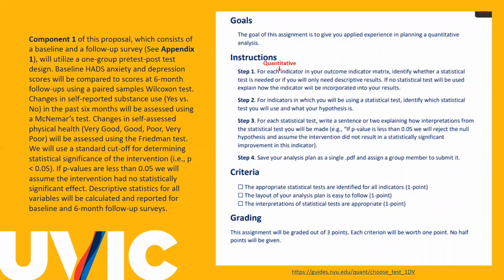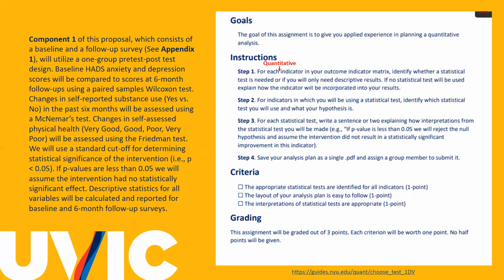But anyways, with regards to this week's assignment, basically, I want you to take your quantitative indicators. You can select a subset of those from your outcome indicator matrix or your impact matrix. But I want you to select at least the ones that are most pertinent to how the decision maker using your data from your evaluation will make decisions about the programs.